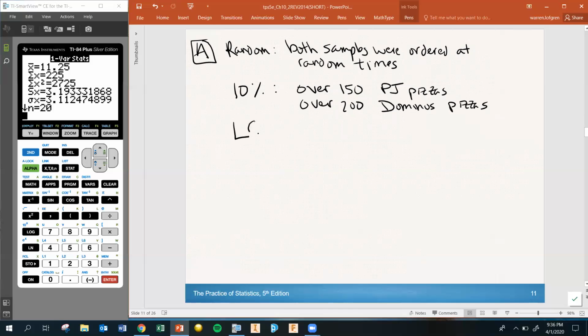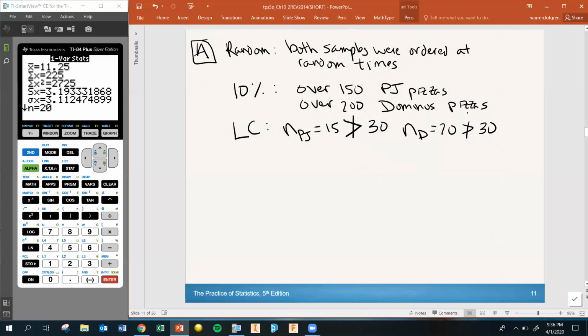The large counts condition is where you always have to do a little bit of thinking here. And this time especially, we have to go a little harder route here because the sample size for Papa John's was 15, and 15 is not bigger than 30. And the sample size for Domino's was 20, and again, that's not bigger than 30. So we can't get off on that easy way there.